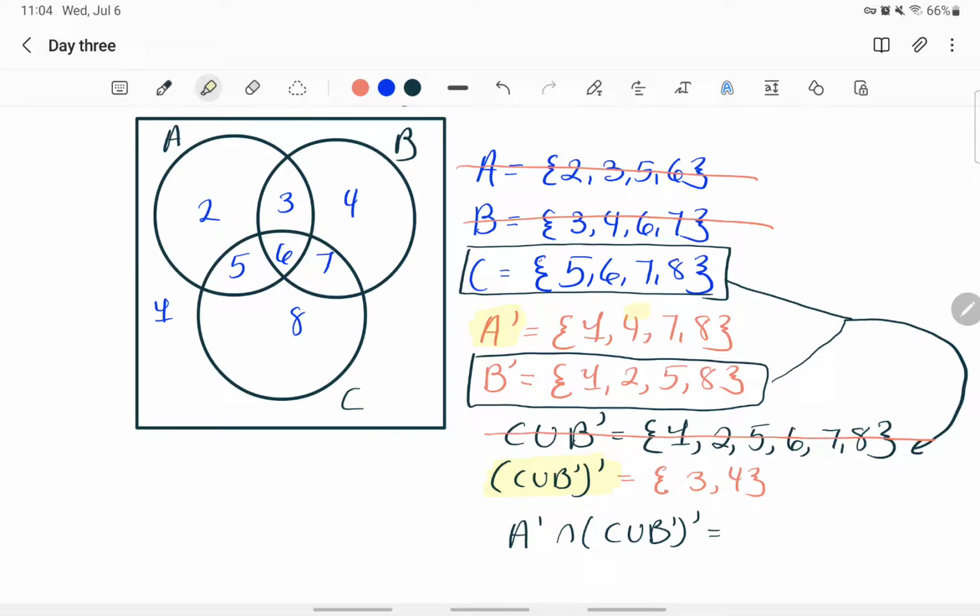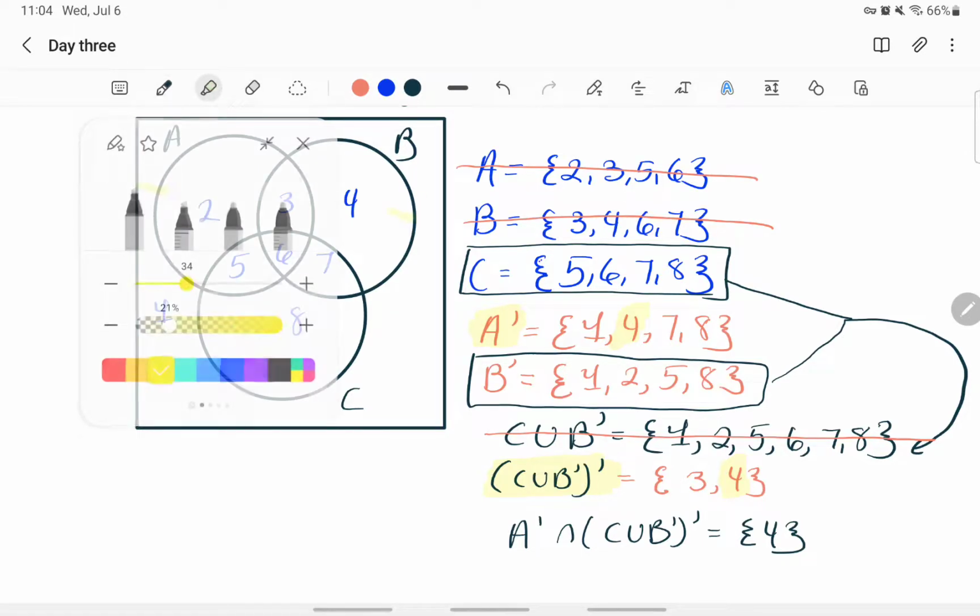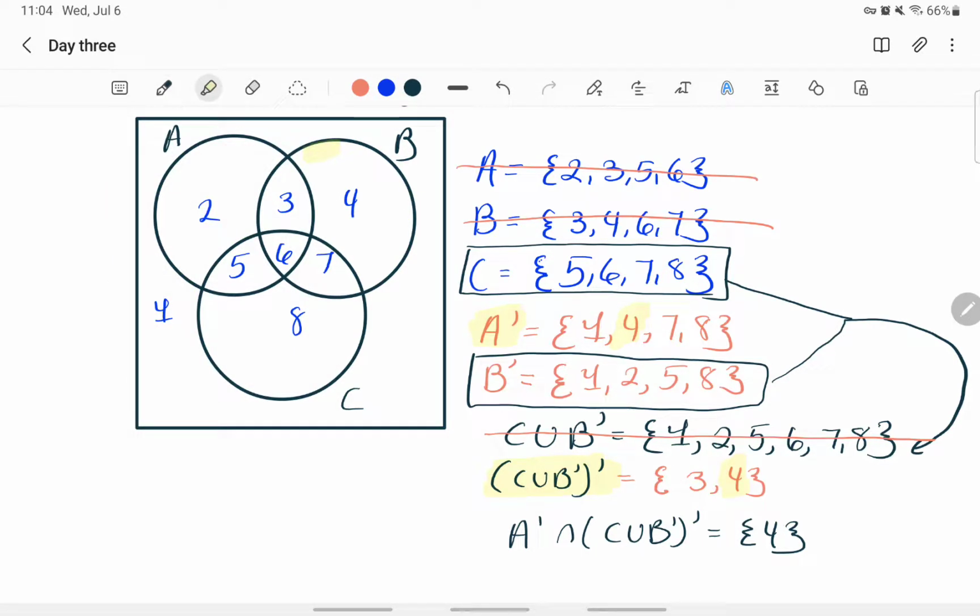Both sets have the number 4 in common. Which means we're going to shade region number 4. And that is it to this question.